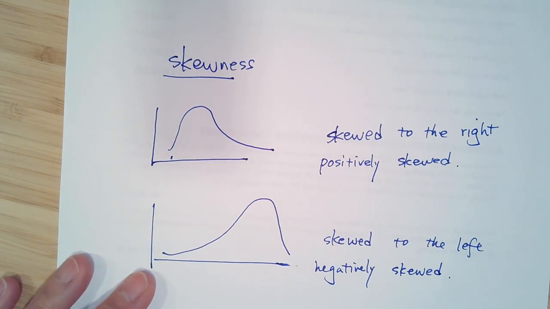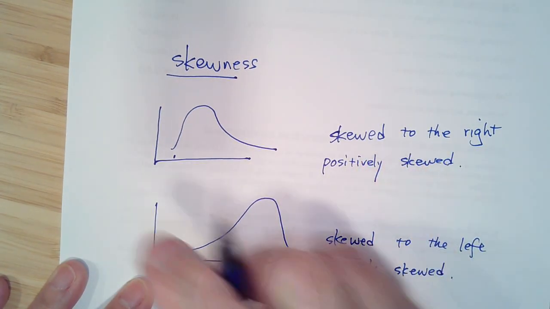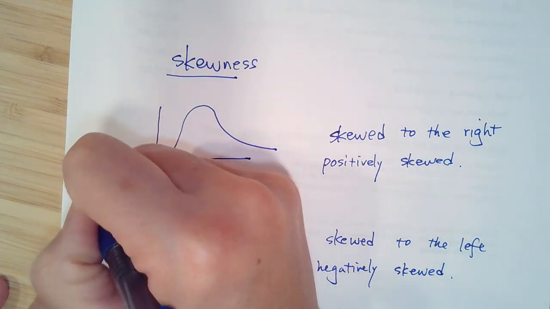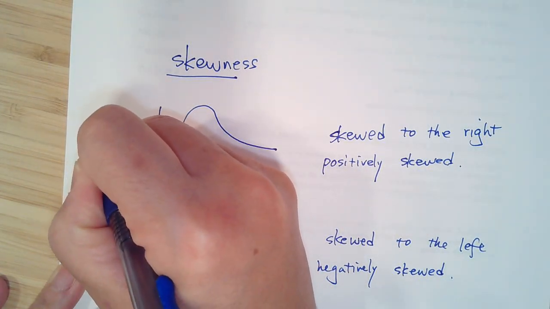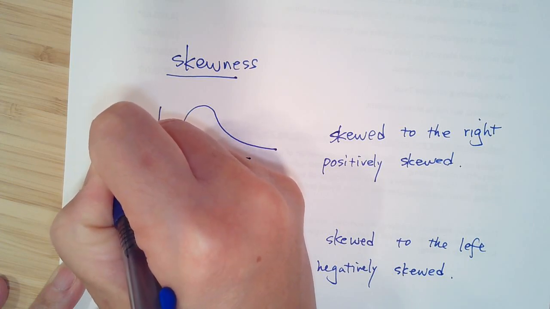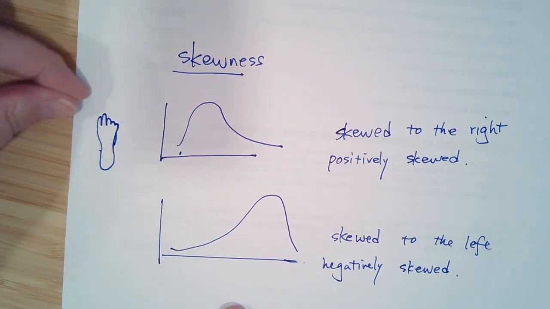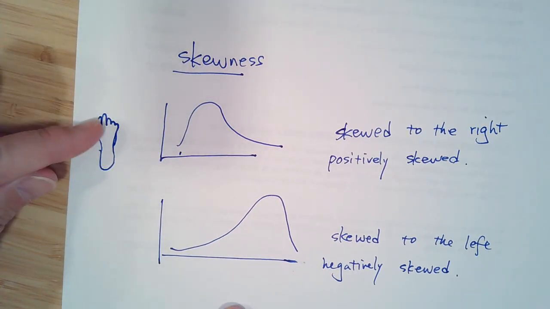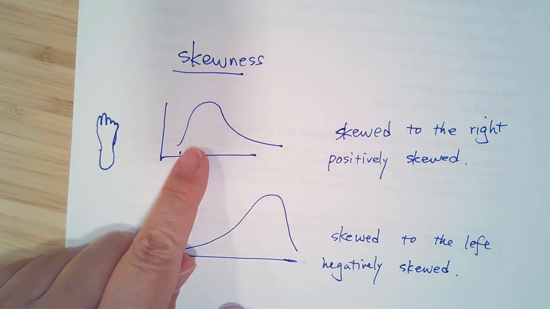However, there's a way to remember, which is to think about the shape of your toe. Skewed to the right is your right foot, and that's your toe. I guess it looks like this. Do you see the shape of the toe? It goes up and then down slowly. So this is skewed to the right.